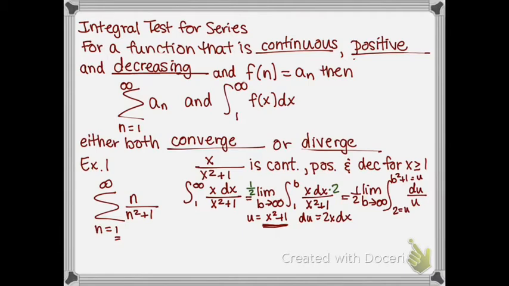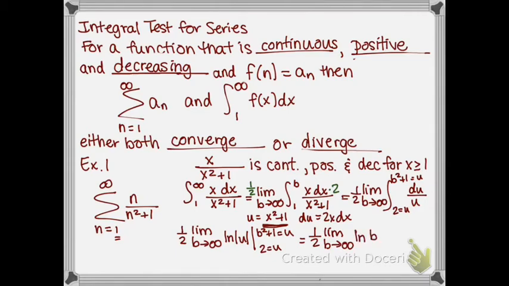All right, let's integrate. So the 1/2 stays in front, limit as b goes to infinity. Integrating, we get ln of the absolute value of u. Draw your vertical line, write your limits. So this becomes 1/2 the limit as b goes to infinity of ln of b squared plus 1.